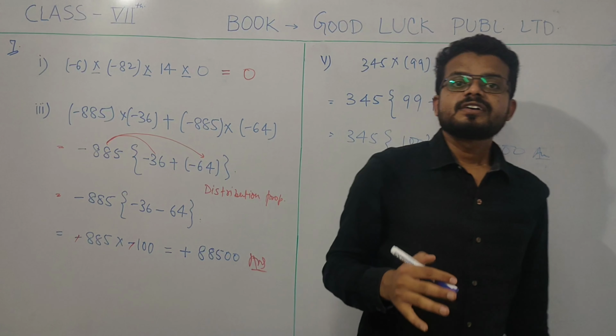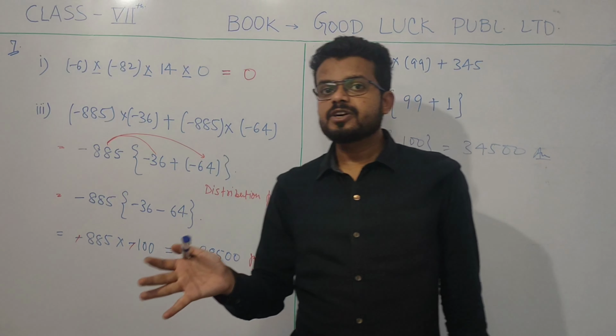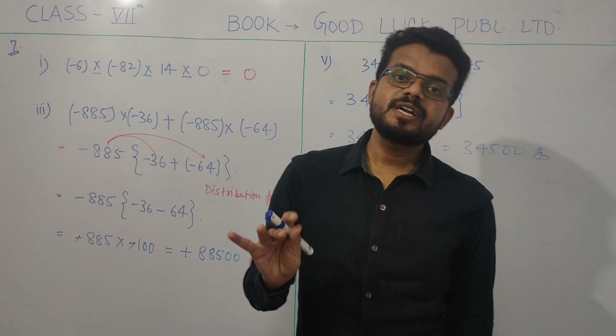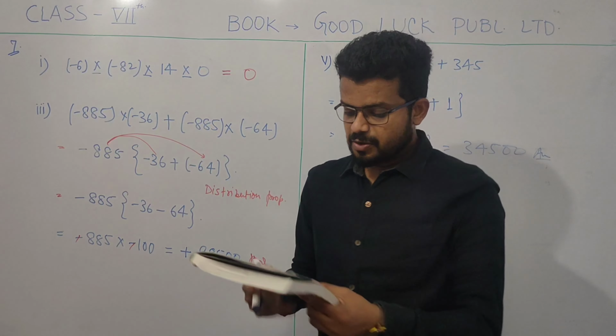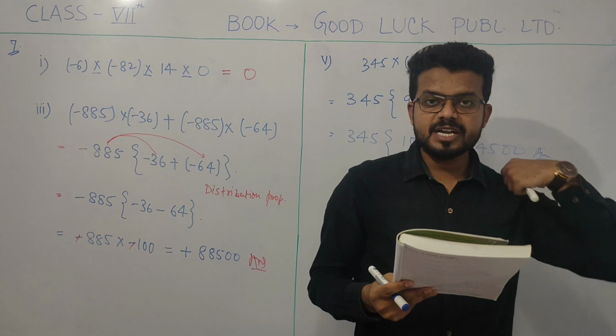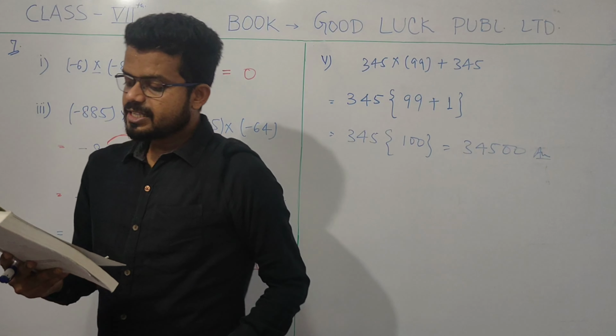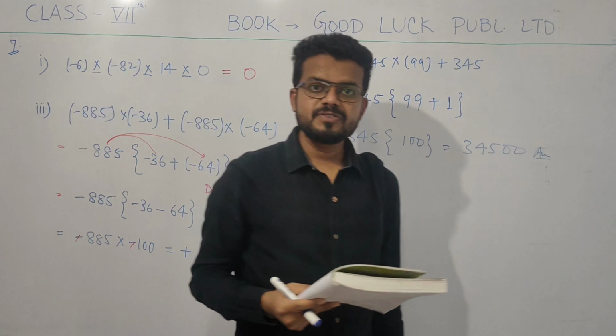So whenever I want the opposite sign of a number, I simply multiply it with minus 1. So the first one, multiply by 1, is no. The second one, multiply it by minus 1, is yes.